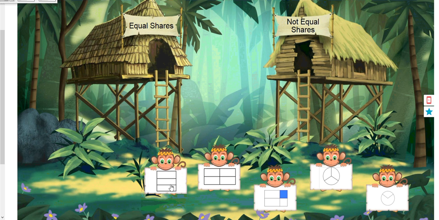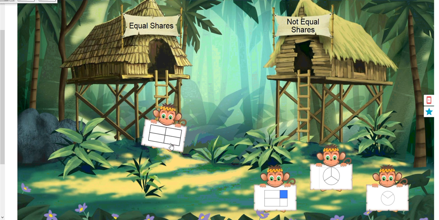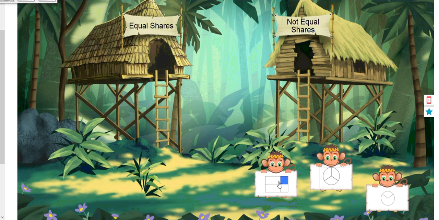Thumbs up. This monkey's square has been split up into equal shares. What about this monkey's rectangle? Thumbs up. It's equal shares. What about this monkey's rectangle? Thumbs down. Not equal shares.